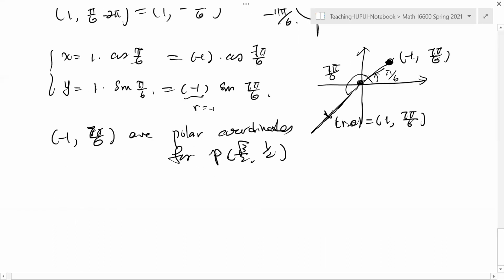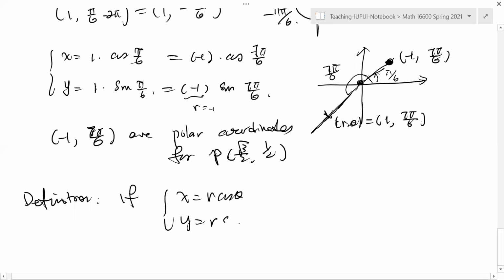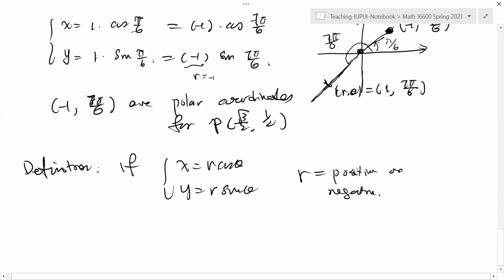So here's the definition. As long as this is correct, regardless of negative or positive, R can be positive or negative, and theta can be positive or negative, it doesn't matter.